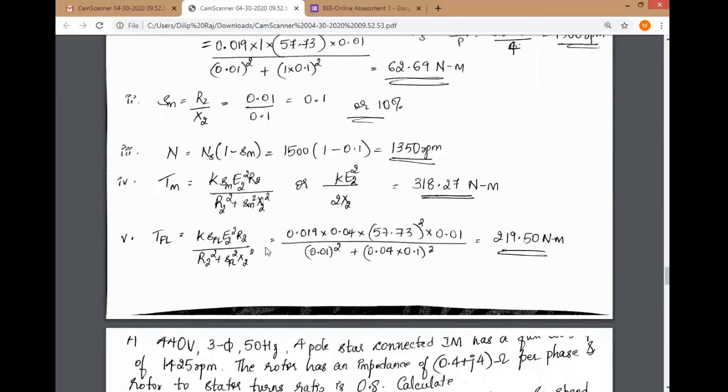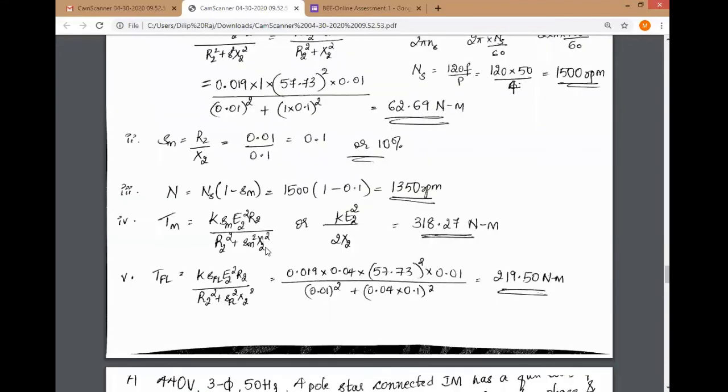The speed corresponding to maximum torque is given by ns into 1 minus Sm. ns remains the same for a given machine, which is 1500 into 1 minus 0.1, that is 1350 rpm. So this is the speed of the induction motor at which the torque is going to be maximum.